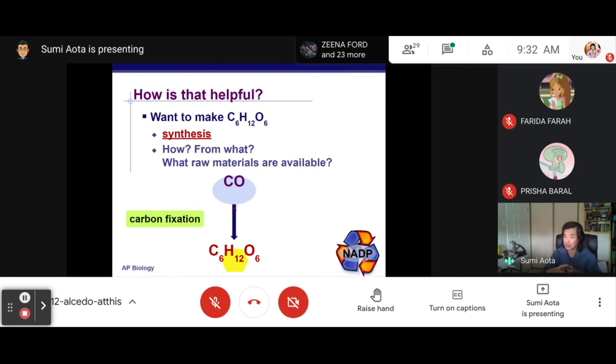You're going to reattach it, right? So fix can also mean to attach. And then we're going to use NADPH to reduce the carbon to carbohydrates. So we're going to use ATP to fix it and NADPH to reduce it.